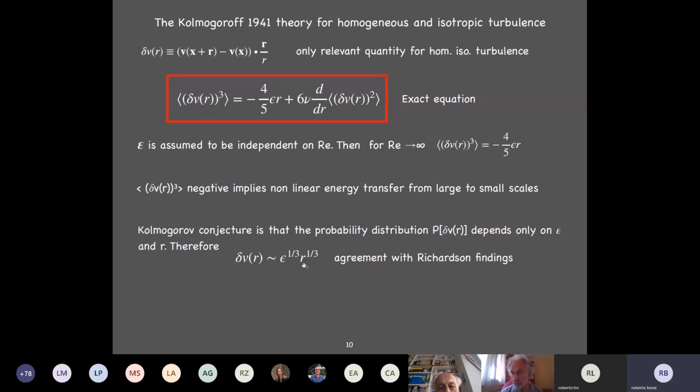And now you see that, in fact, Kolmogorov was able to derive, so to speak, the Richardson diffusions from his argument.